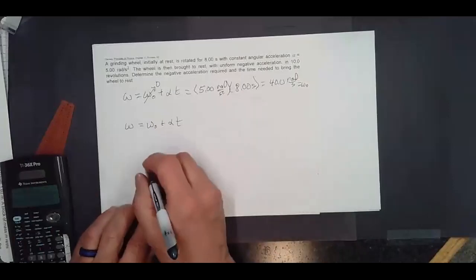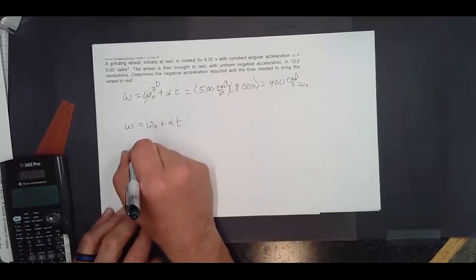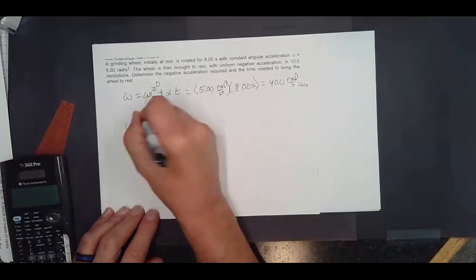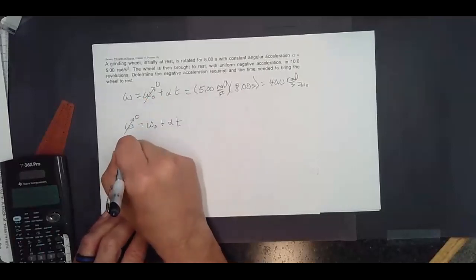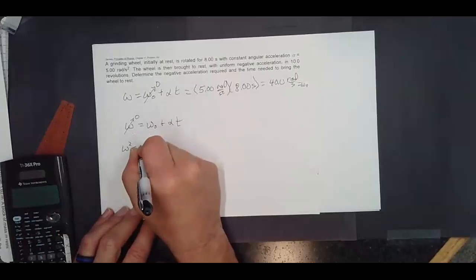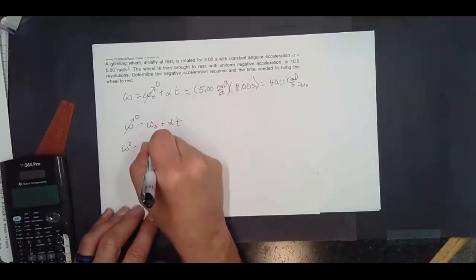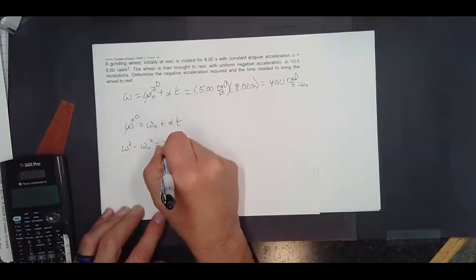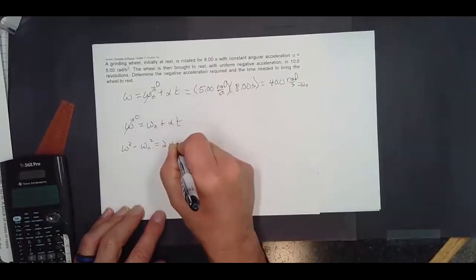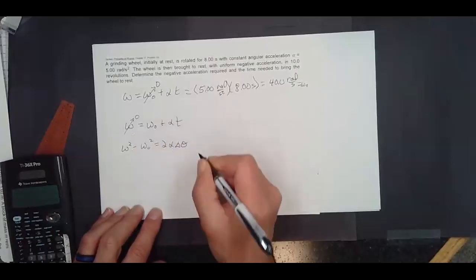There's another equation: omega is 0 at the end, and omega squared minus omega naught squared is 2 alpha delta theta.